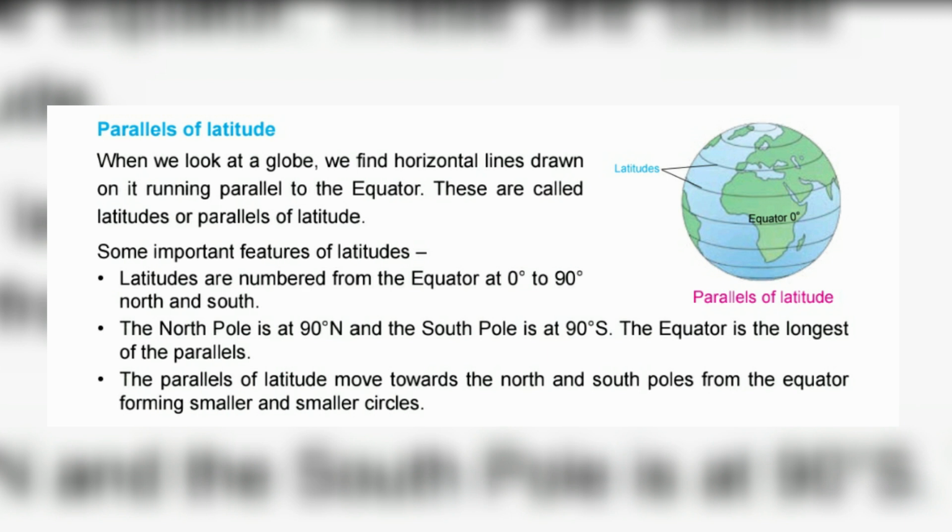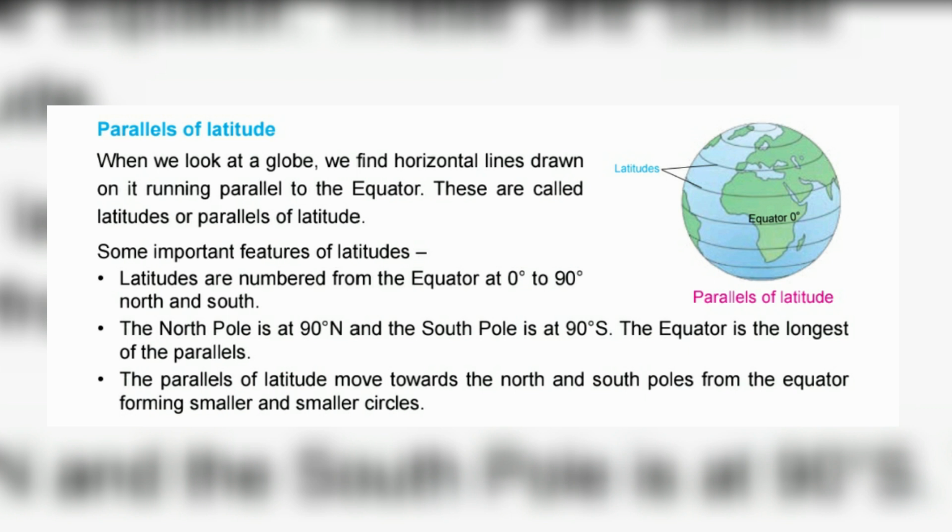Some important features of latitudes are: latitudes are numbered from the equator at 0 degree to 90 degree, north and south. The north pole is at 90 degree north and the south pole is at 90 degree south. The equator is the longest of the parallels.